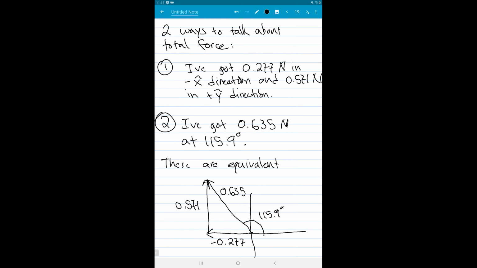So just to be clear, the force would be positive, so it would go up, or to the right.